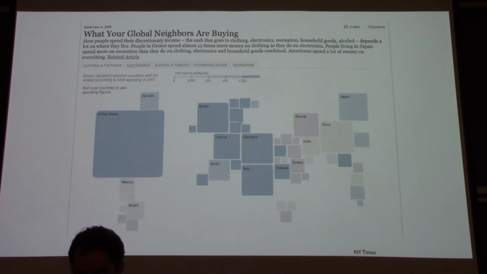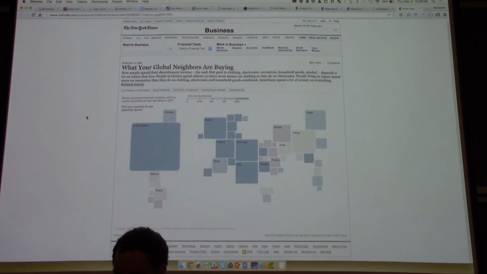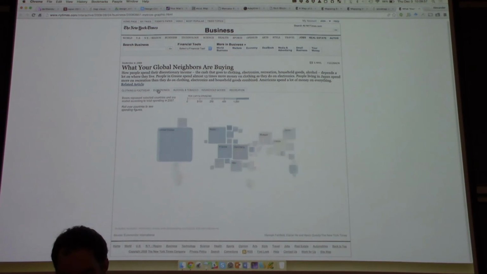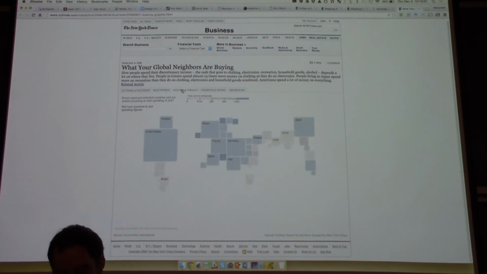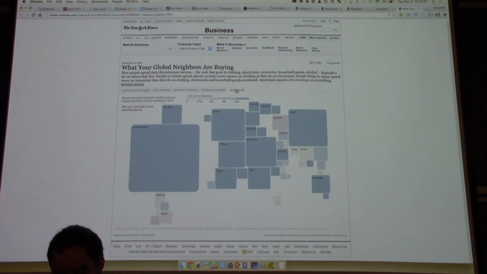There is an example of this, not quite recent, in the New York Times. What your neighbors are buying, like clothing and footwear, per capita spending. You can see electronics, the United States per capita is high, alcohol and tobacco, other countries catch up, household goods, recreation.